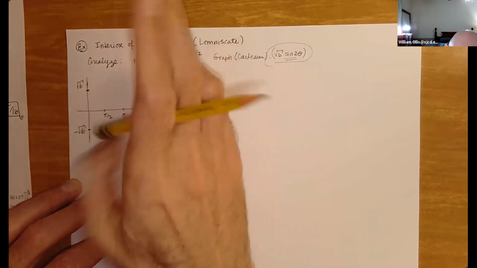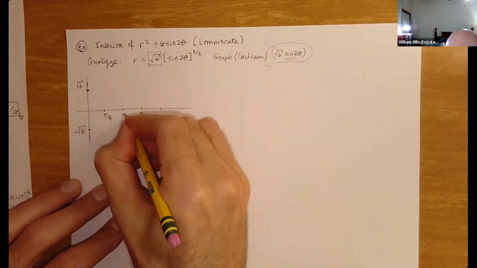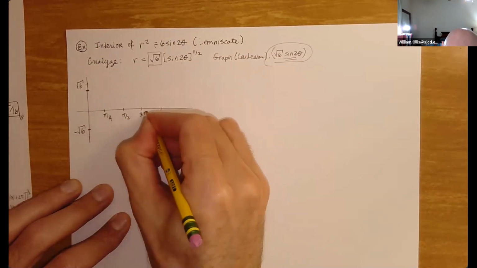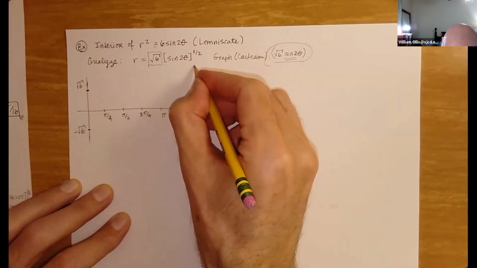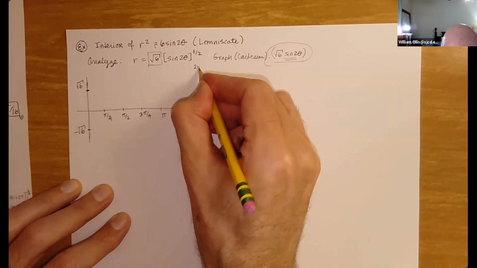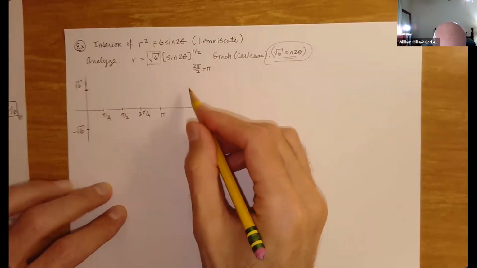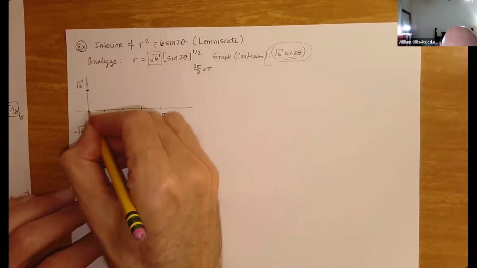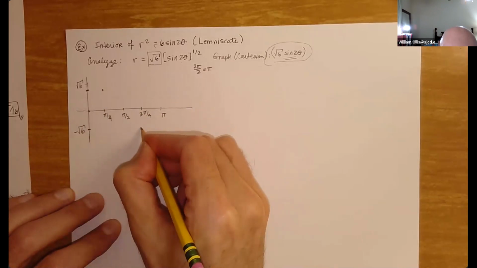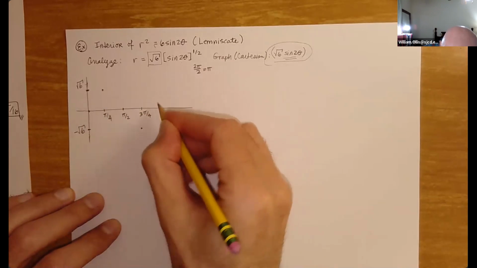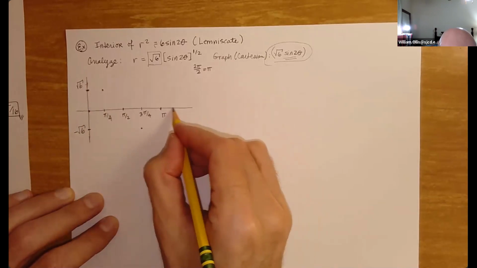So we've just got period is 2 pi divided by 2, which is pi. So now when we think about this, we have a 0, we have the 2, 0, the negative, like that. And we can do some extra too.